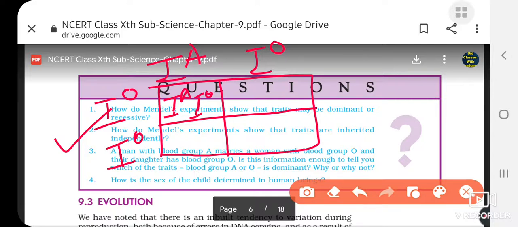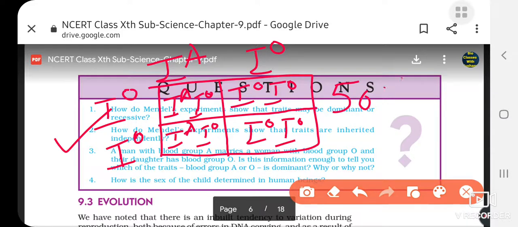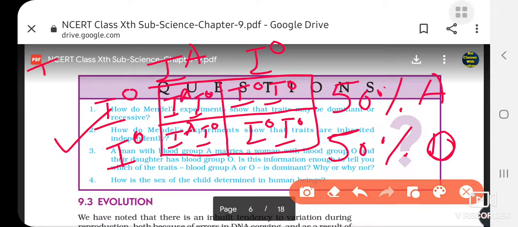In presence of capital A, which blood group will appear? A only. Now here IO, so the child's blood group will be O only. Here IAIO, then the child's blood group will be A, because in presence of O, A will only be dominant. Then IOIO, so you see 50% children will be with blood group A and 50% children will be with blood group O. So this is the first case.